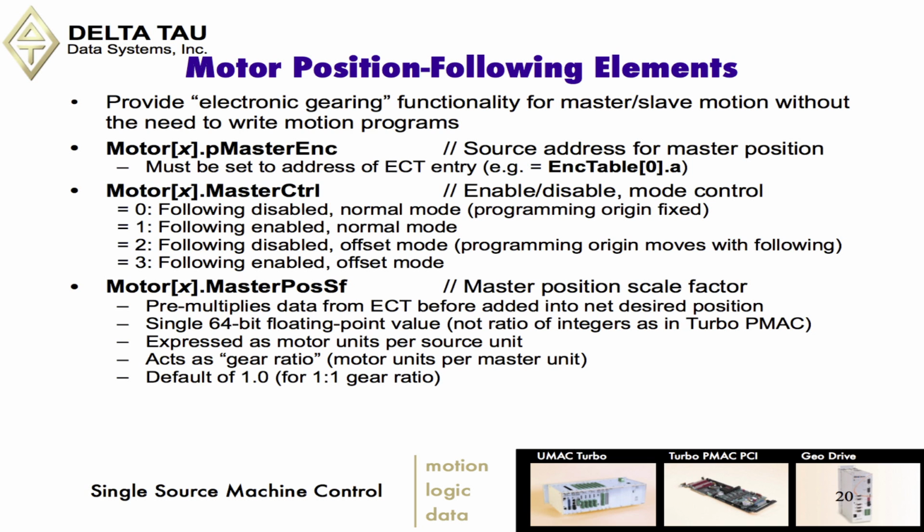In offset mode, the origin is moving with the slave motor. So the slave motor always thinks that the origin is right where it was before. So if it moves 20 counts out this way and it moves 20 counts back, it's back to what it's considered the origin. That is the mode that's most typically used when you're doing some kind of activity on a traveling belt.